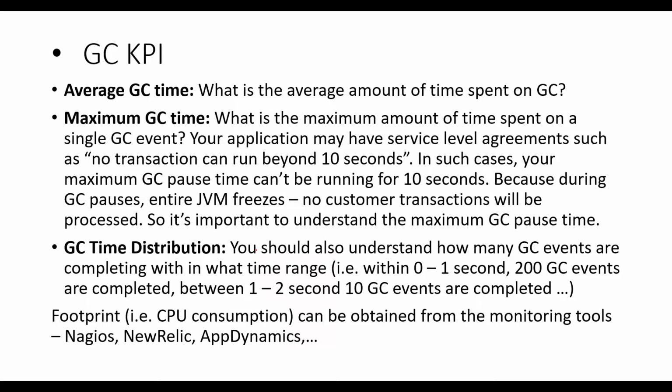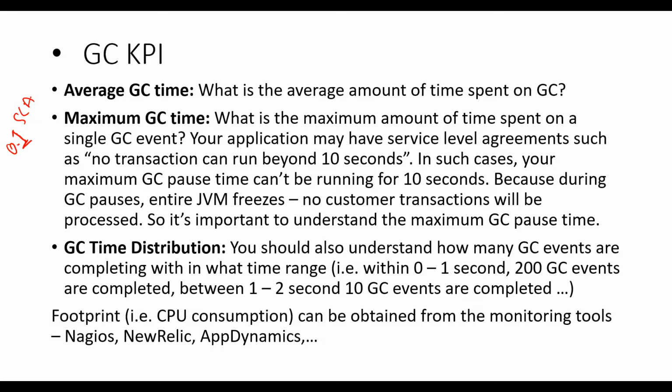What is the maximum GC time spent, and what is the minimum expected throughput of the transaction? When we go to the SLAs, let's say for example your client's expectation is that 0.1 second is the SLA for any transaction in your application.